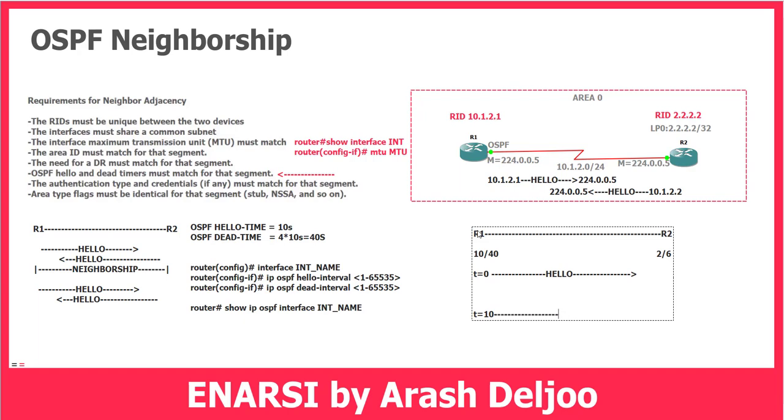Because of that, after the first hello we will have OSPF neighborship between router 1 and router 2, but router 2 expects to receive the next hello before t equals 6 seconds. Until t equals 6 seconds we don't receive the next hello, so the neighborship will go to the down state.